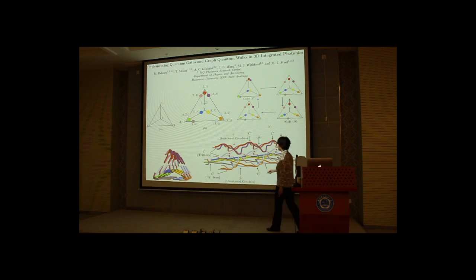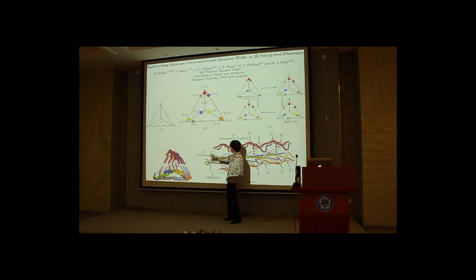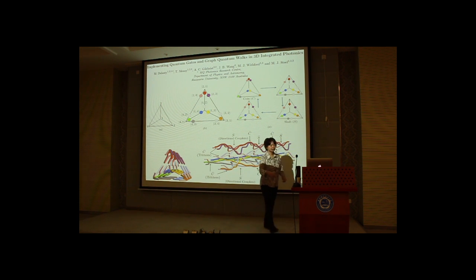You don't need that. You need interactions here when you bring them together. Here, for example, you want to apply a local coin operation, which only involves these three waveguides interacting, and then when the photon travels in those waveguides, it will come to this situation where you only need those two to interact.